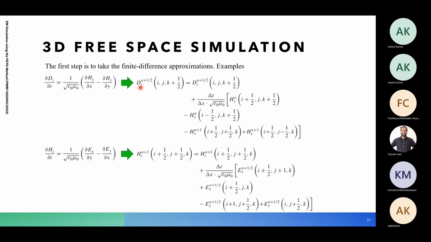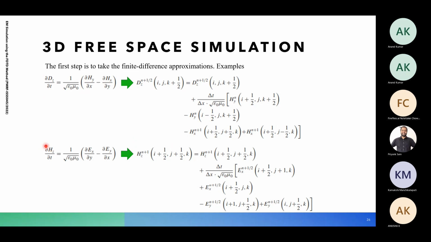So this Dz term and this Dz term divided by this delta t on the left hand side is the finite difference term for the left hand side, and for the right hand side again you have this mu naught epsilon naught and delta x over delta x. You have to take it common from inside the bracket, and then you have Hy for the first term inside the bracket, and Hx for the second term inside the bracket. So fairly simple. We have seen this for the 2D update equation as well.